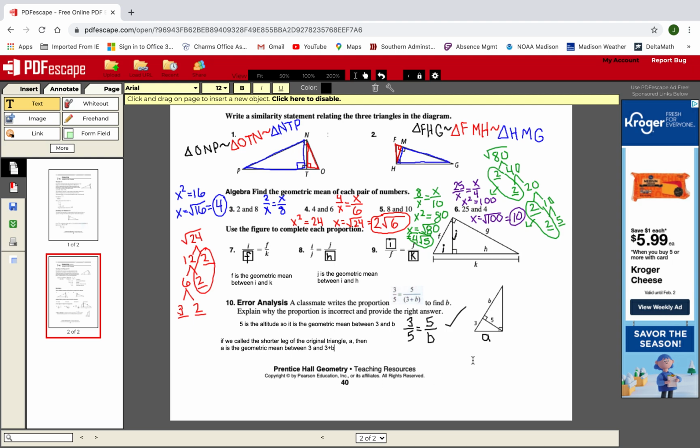Because the legs are the geometric mean between the entire hypotenuse and the piece closest to it. So that correct proportion would look like this. 3 over A equals A over 3 plus B.